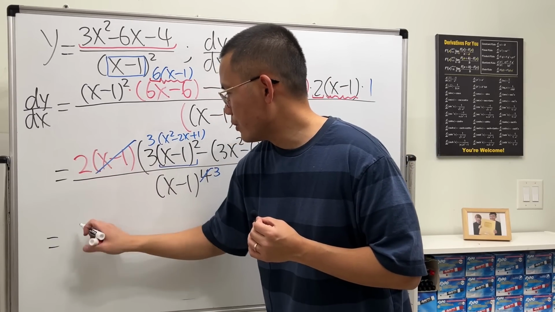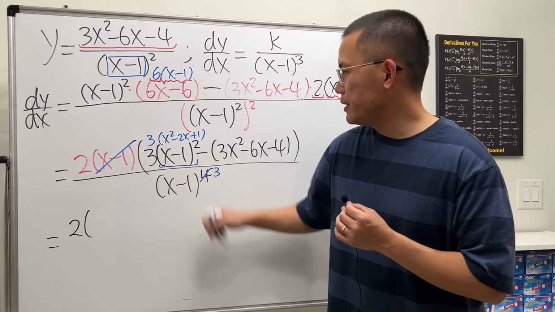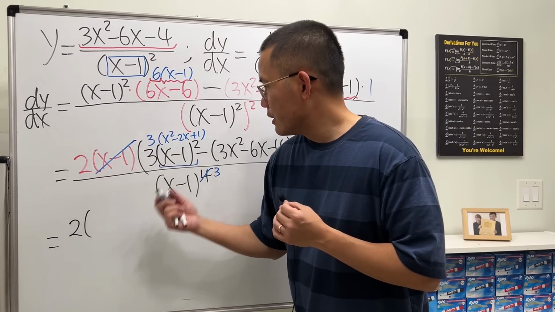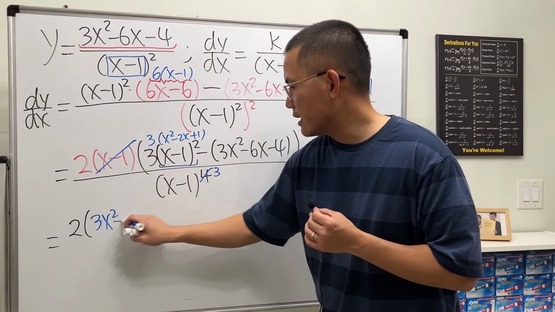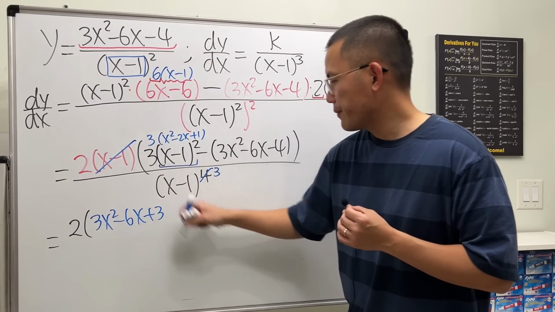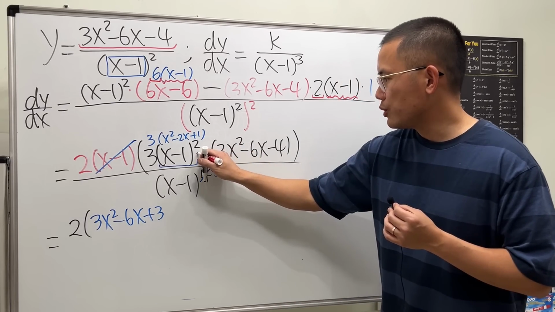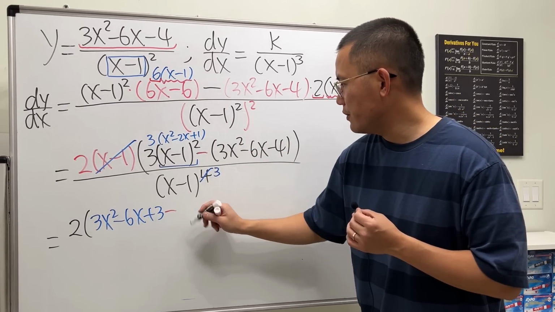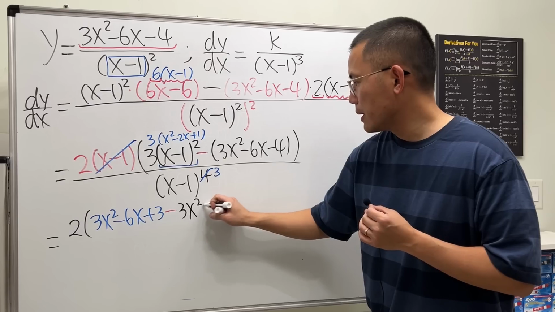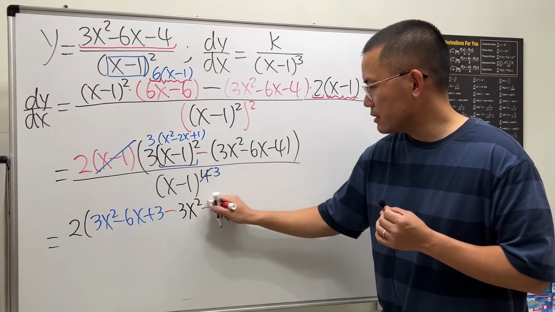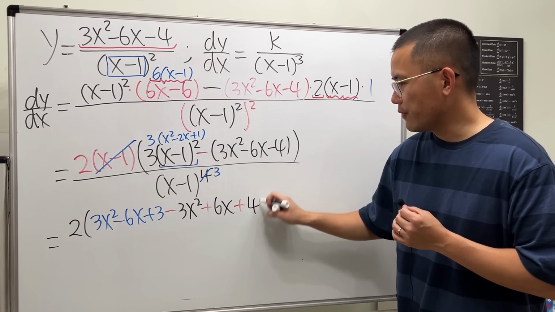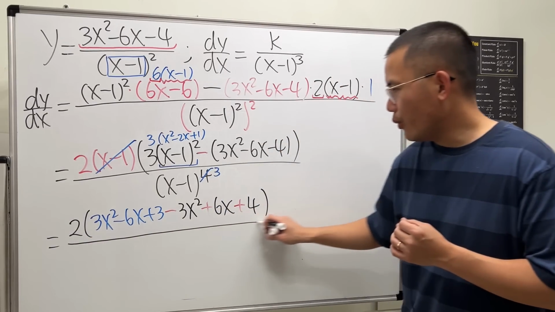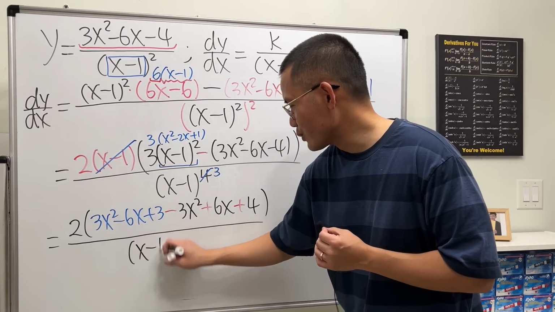So 2 all the way here. Distributing the 3, we have 3x squared minus 6x plus 3. And then right here, I will distribute the negative. So we have negative 3x squared, minus times minus, so plus 6x, and then another plus, and then we have the 4. All over (x minus 1) to the third power.